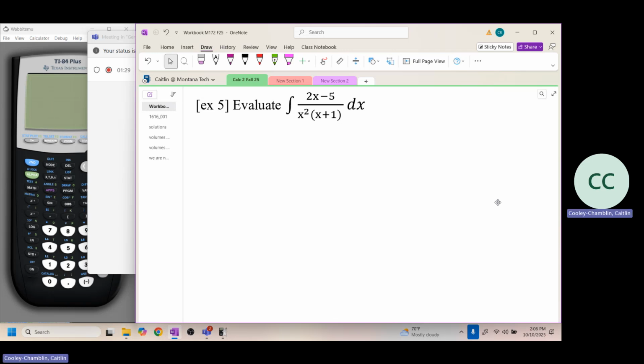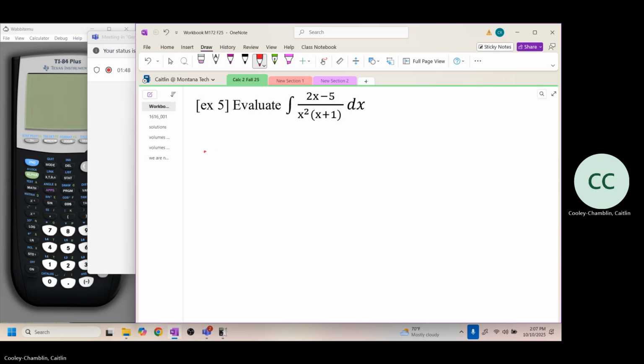Example 5 says evaluate the integral of 2x minus 5 over x squared times x plus 1 dx. I'm doing this in red because I'm going to do it the wrong way, just to show you why this doesn't work.